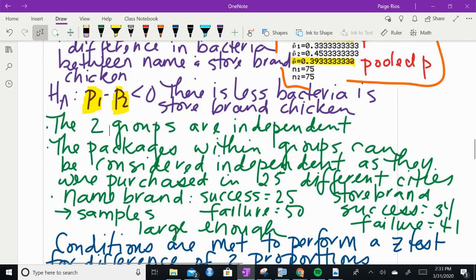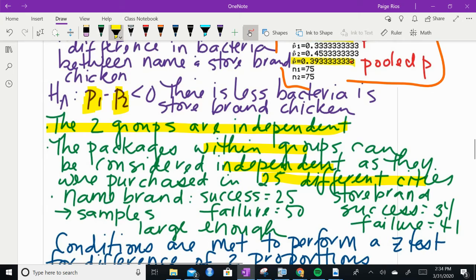So first thing I do is I say these two groups are independent, okay, the store and the name brand. So that's a new condition for two proportions, okay? They are independent groups. Then within the group, we can consider them independent within groups because it was purchased, as I said earlier, in the 25 different cities. Okay. So we can meet that independence there.